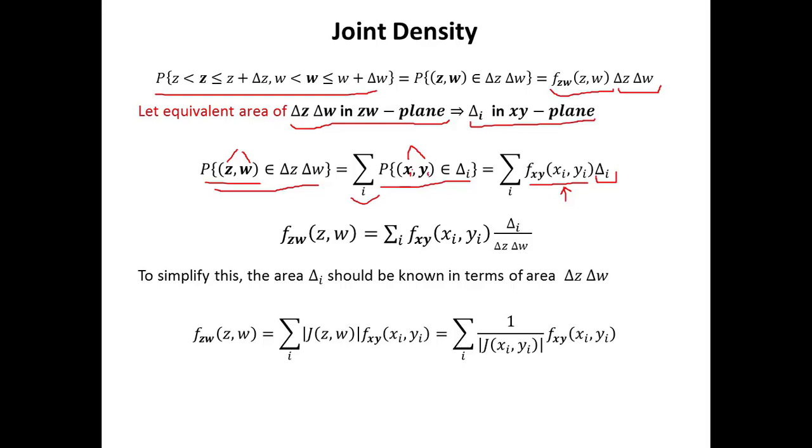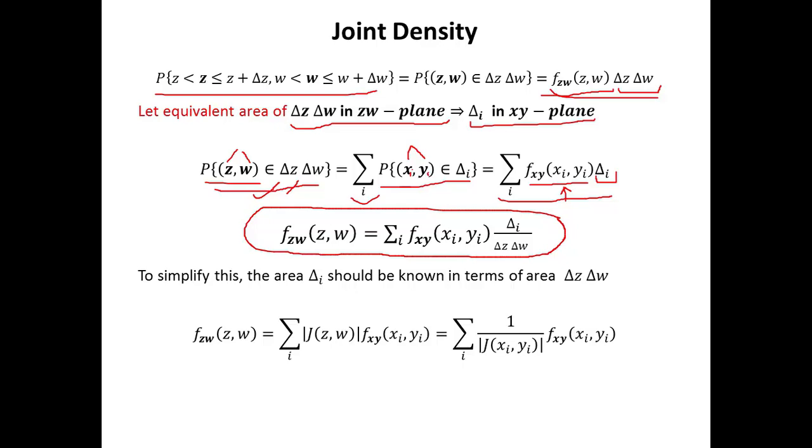So next, if we compare this expression with the same expression equal to this one, we will get fzw, that is the PDF of random variable zw, equals summation over I of the joint PDF of xy multiplied by delta I divided by delta z into delta w.